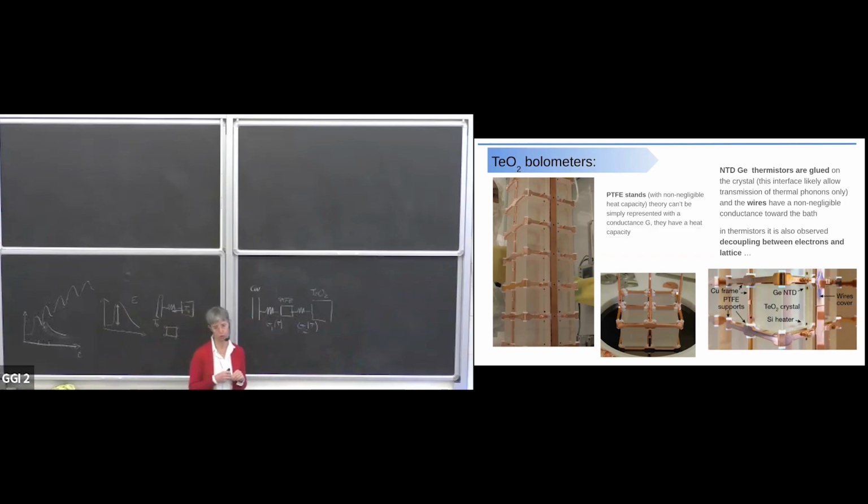The same is true for copper. So at the end, when you design your detector, you discover that all these constraints reduce the number of materials that you can use to design your holder and so on to very few.